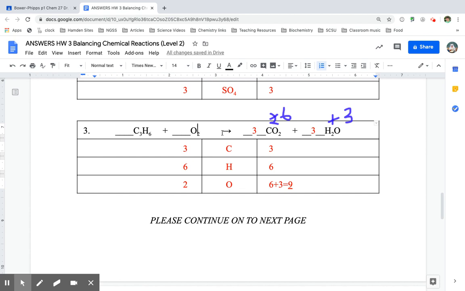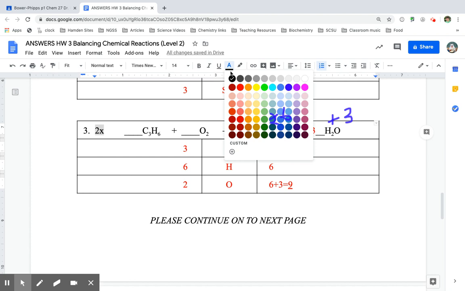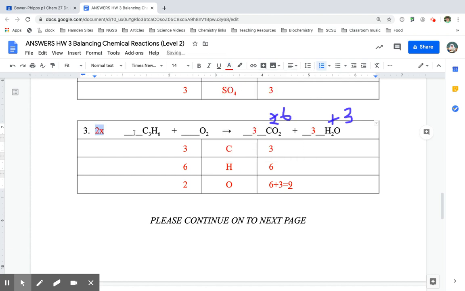But the easiest thing to do is just remember that you're going to multiply everything times 2. Everything is going to get multiplied by 2. So the number that was here, 1, right? Because we didn't have to put anything there. So let's make sure that we now have 2 there.